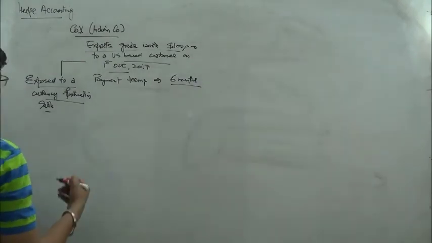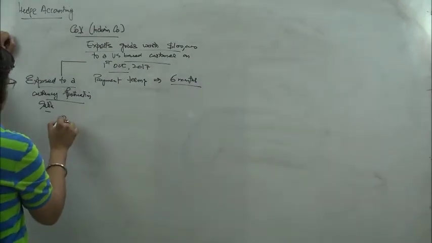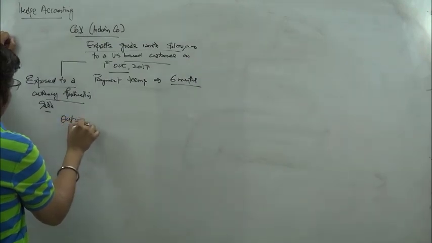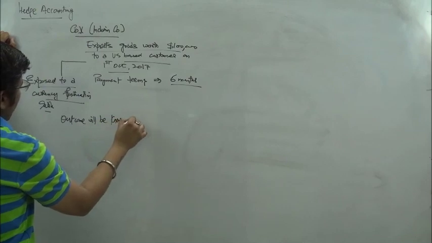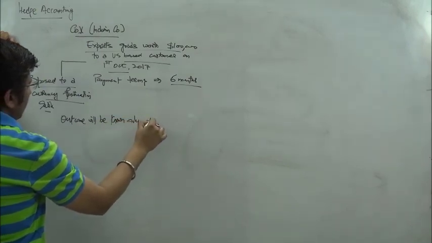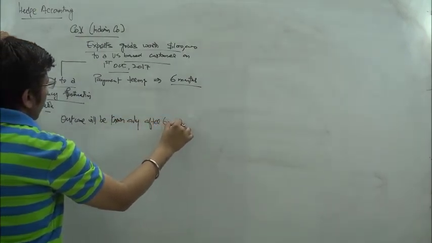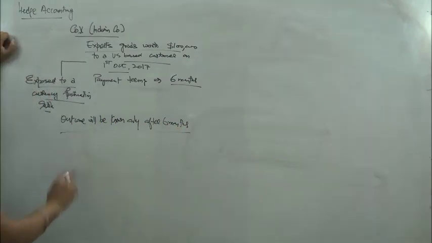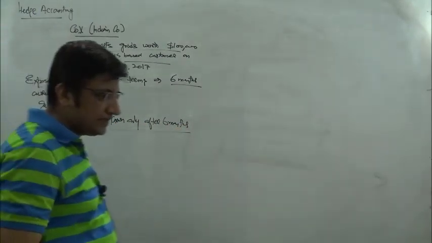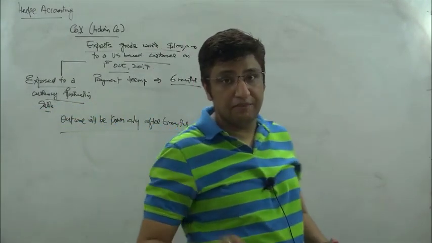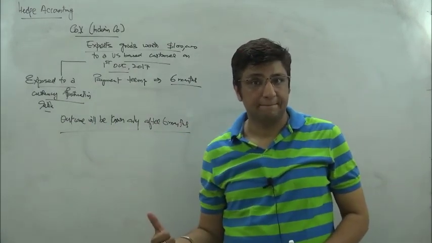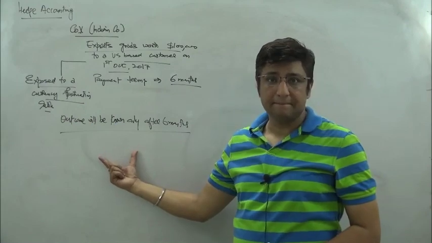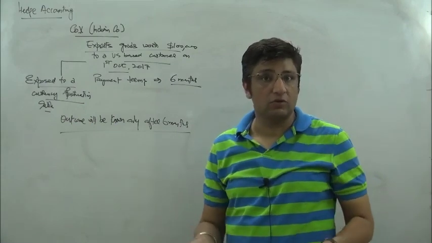The result would only be known after 6 months of time, whether this transaction has done better for me or has it gone worse for me. The risk exists. That's the whole idea of talking about hedge accounting.